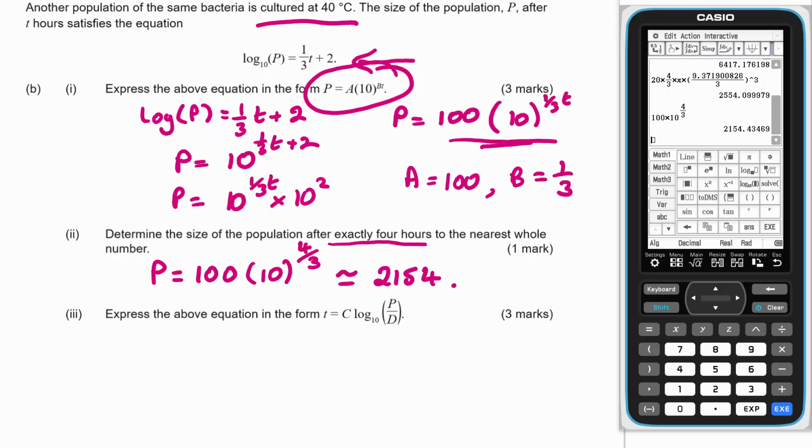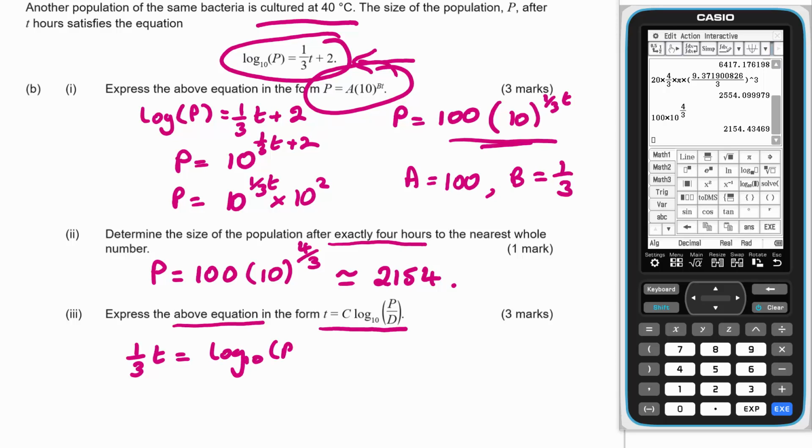We're now asked to express the above equation, that will be this one here, in the form t equals c log to the base 10 of p over d. So in other words, we want to make t the subject. So rearranging, we've got 1/3 t is equal to log to the base 10 of p, take away 2.